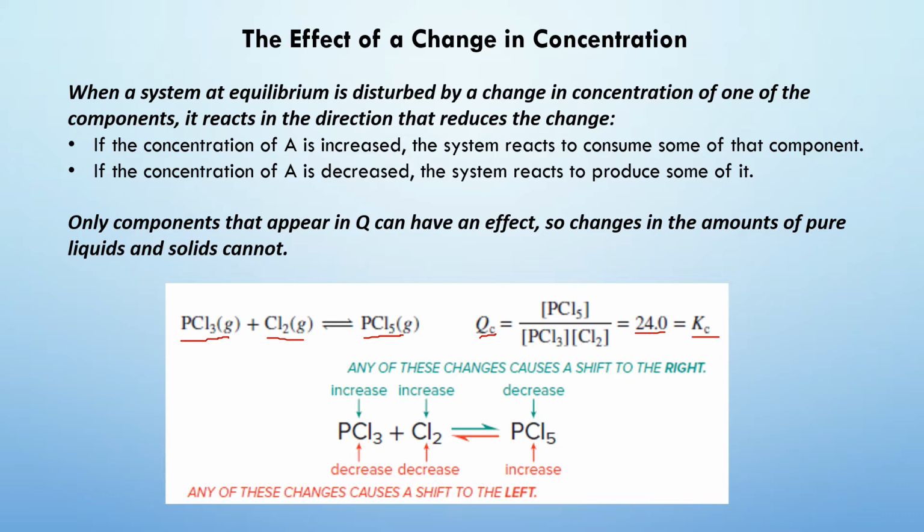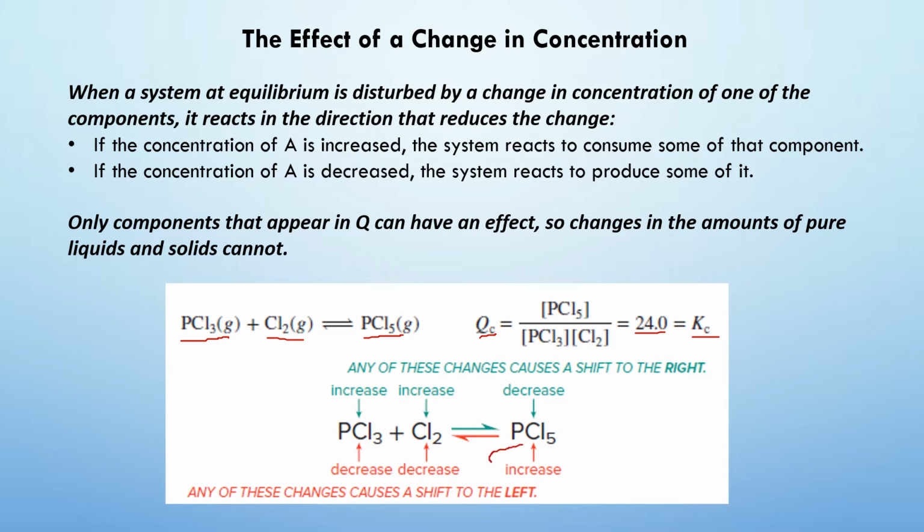So first let's see what's going to happen if we increase the amount of this product. If we increase the amount of this PCl5, this net reaction is going to reduce that increase of PCl5. That means some of the increased PCl5 is going to react back into PCl3 and Cl2. So this reaction is going to be shifted to the left, as indicated here.